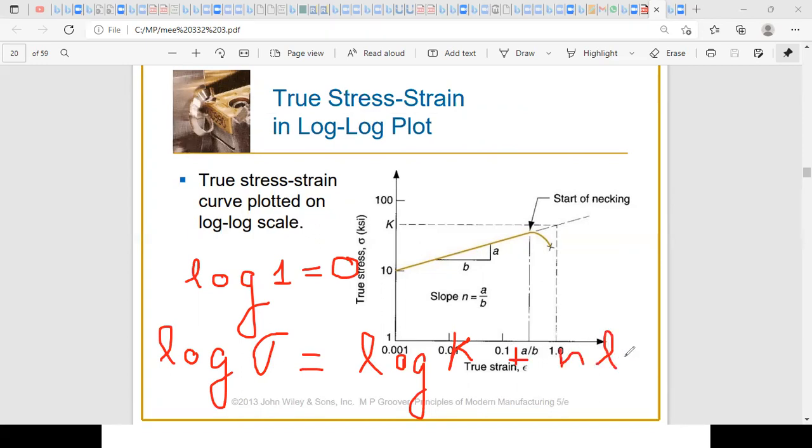Okay. And if you work in the elastic region, you have that log of sigma is equal to log of E, okay, plus log of epsilon.